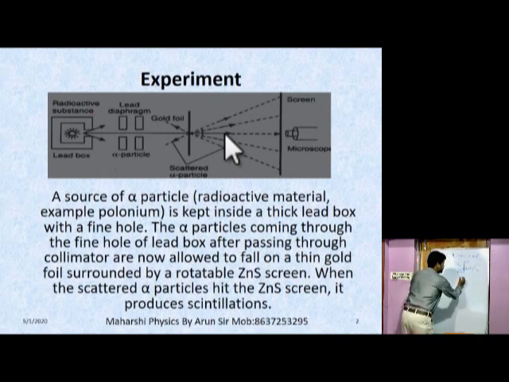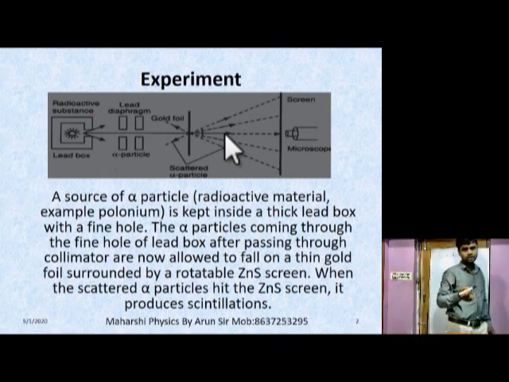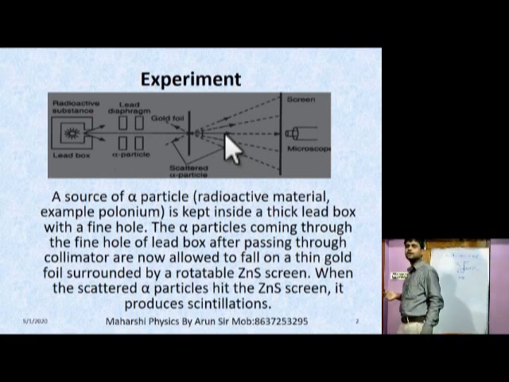Here theta is the angle of scattering of alpha particle after passing through the gold foil, and N theta is the number of particles scattering through an angle theta. And the relation obtained is N theta proportional to 1 by sine to the power 4 theta by 2.